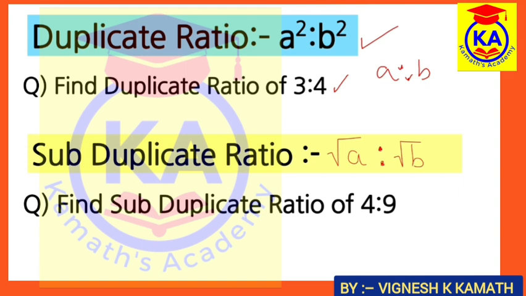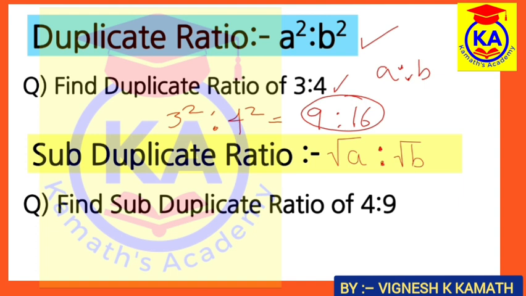What is the duplicate ratio of 3:4? 3 squared is to 4 squared. 3 squared is 9, 4 squared is 16. So 9:16 will be the answer.